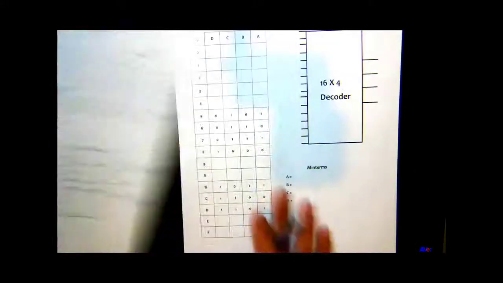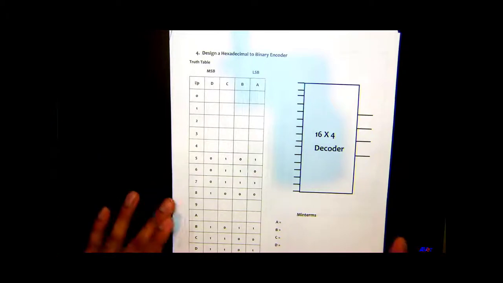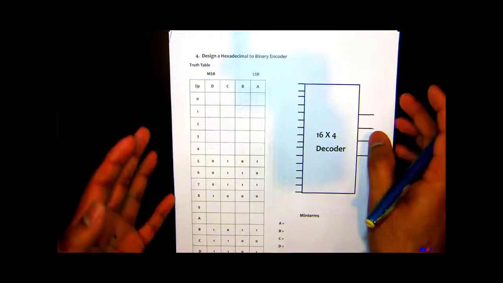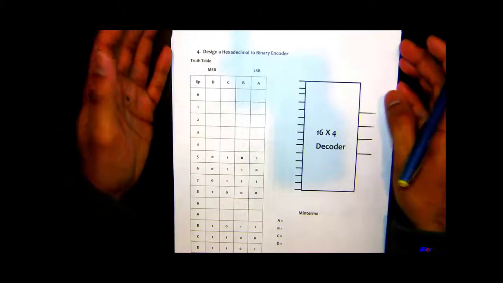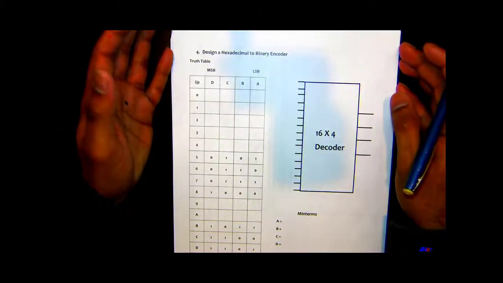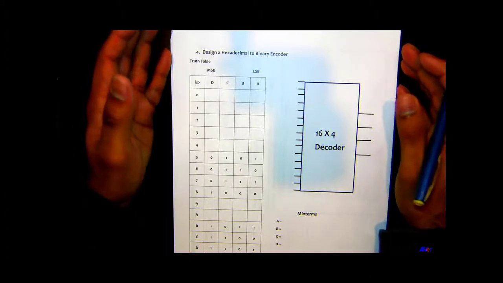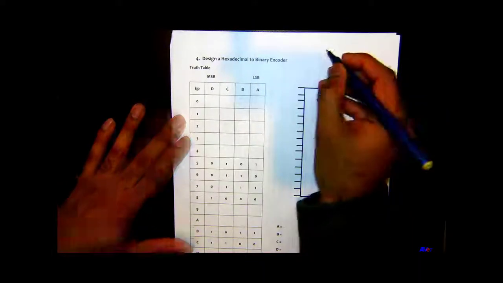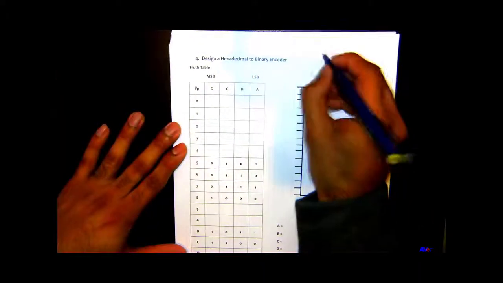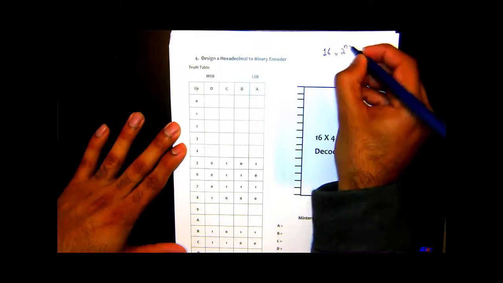Let's move on to our last kind of encoder, which is also very similar to the previous one that we have done. Design a hexadecimal to binary encoder. So for a hexadecimal to binary encoder, what would be the configuration? How many outputs would we have? 4, right? We know hexadecimal goes from 0 to 15, so we have 16 inputs, and 2 to the power n, so this has to be 4, right?